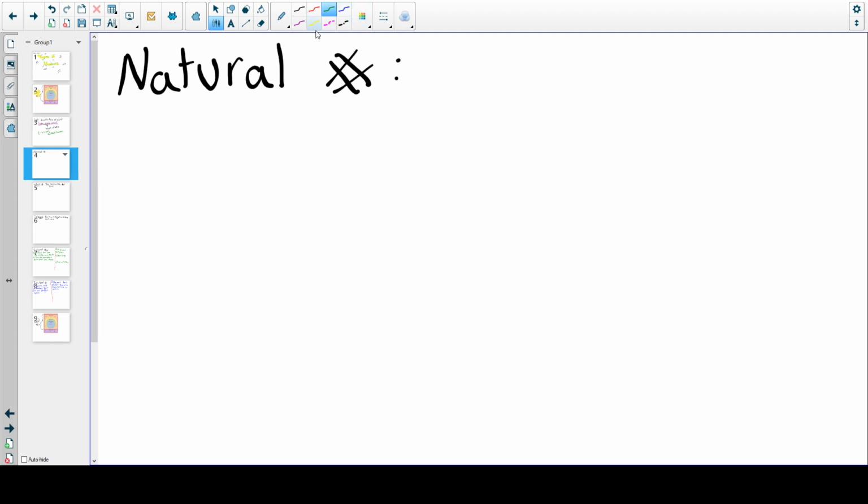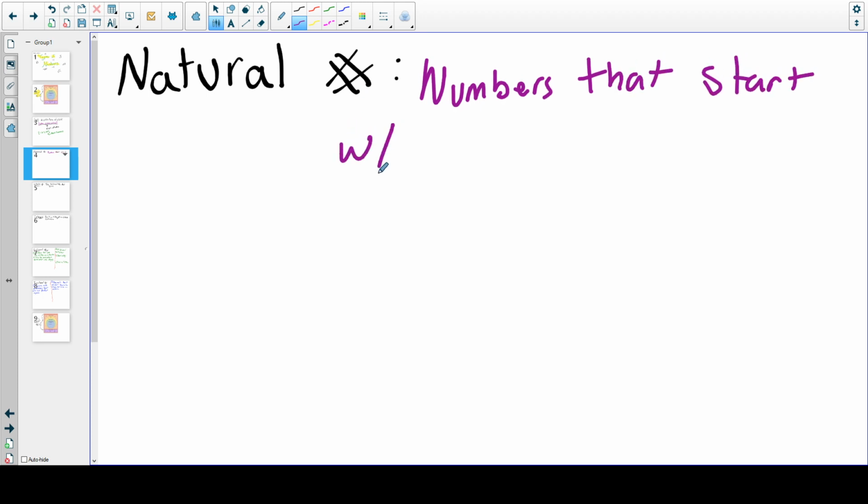So natural numbers are, I think this is the best way to explain it, just numbers that start with 1 and increase by 1.